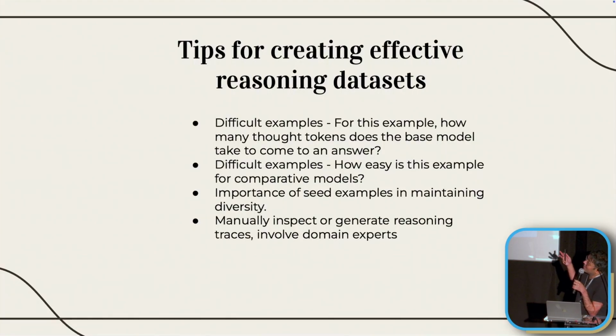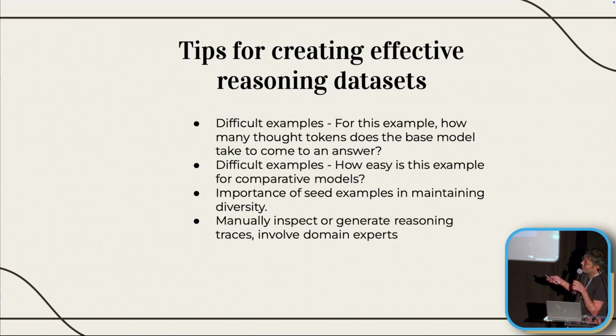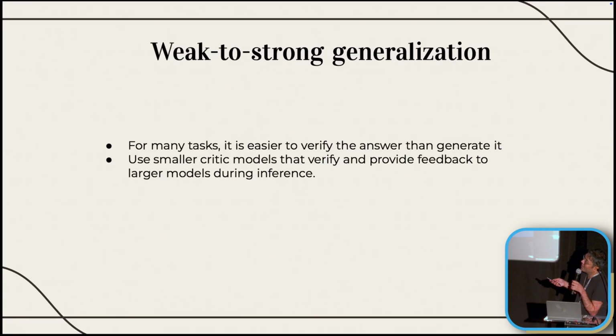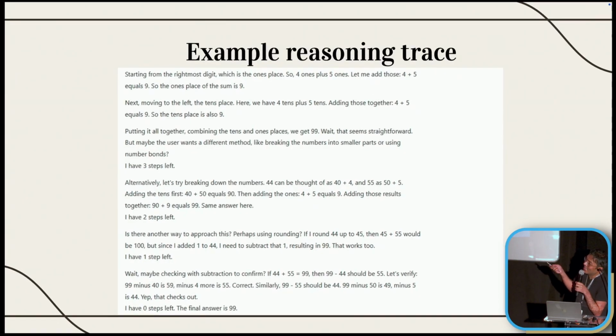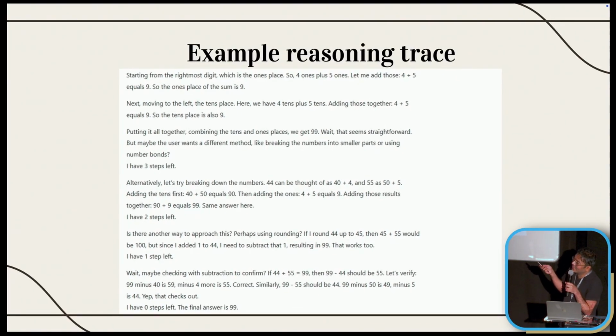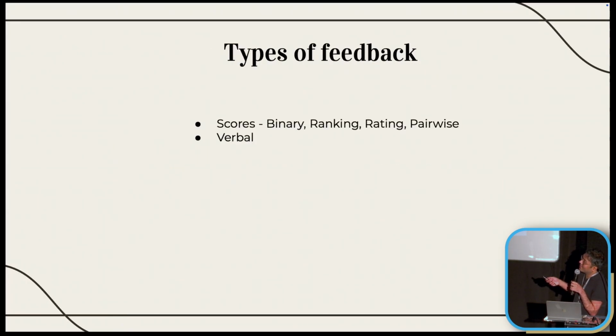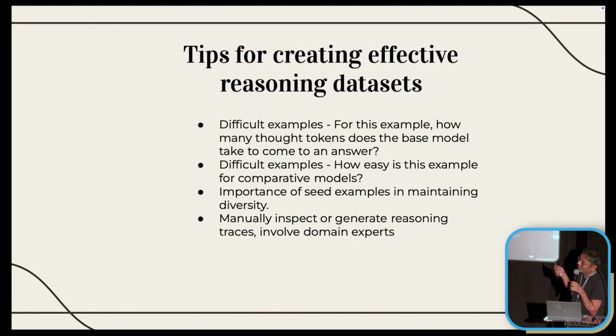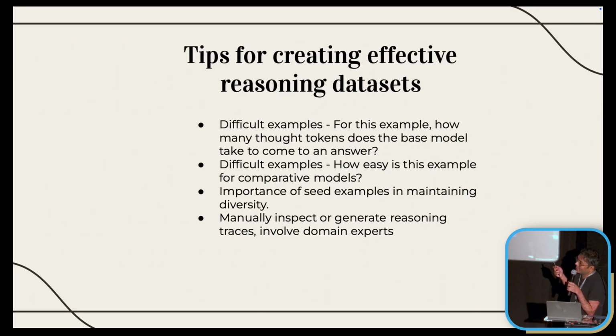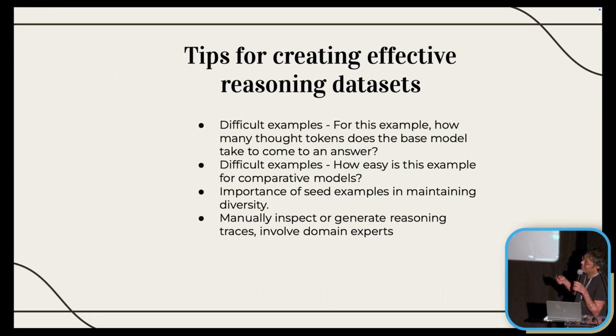So constructing data sets here involves finding difficult examples, or if you are generating synthetic data, because it's very hard to construct manual data like this. So a lot of the time you would be generating synthetic data, but you can use a bunch of seed examples. But the seed examples need to be really good, and they need to be diverse.